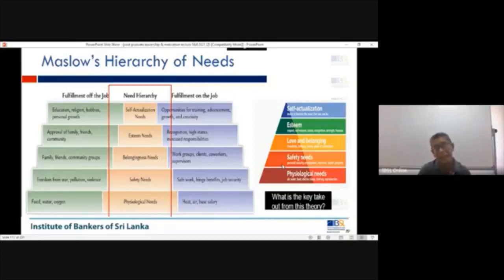There's another criticism of Maslow's theory: he took the American middle-class household structure, so it may not represent the entire world, because Maslow is an American.